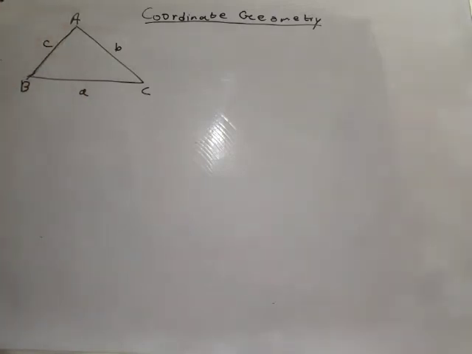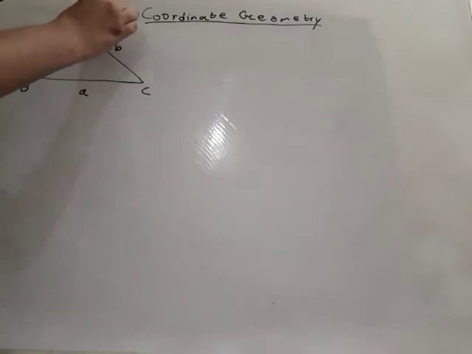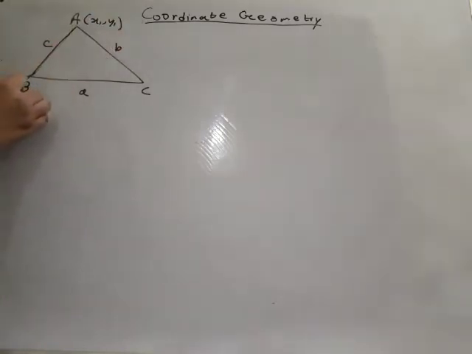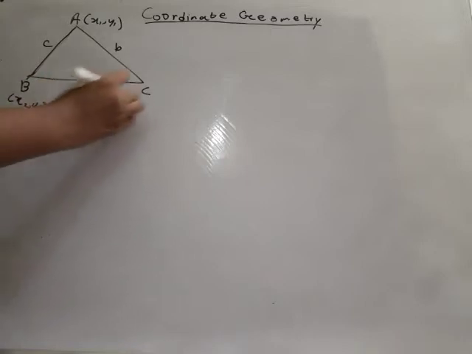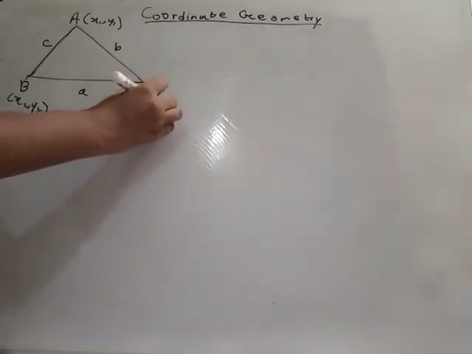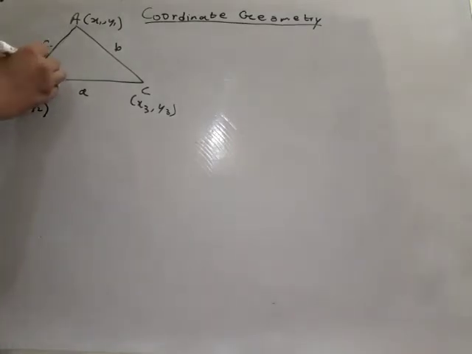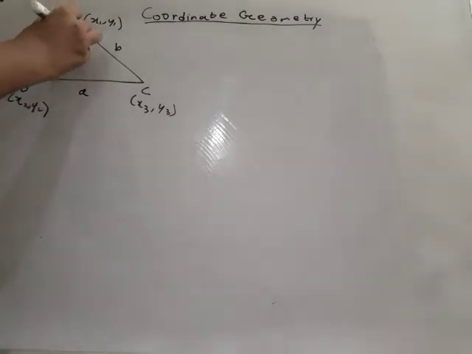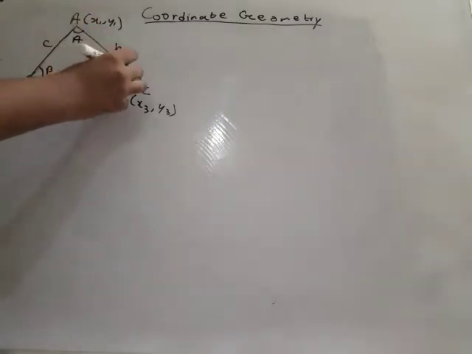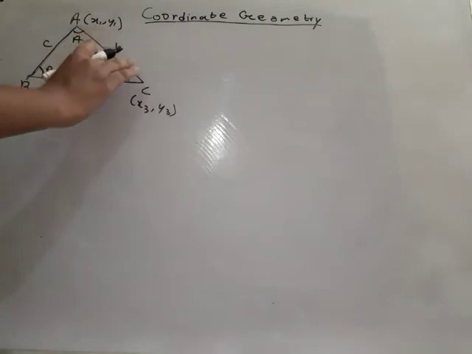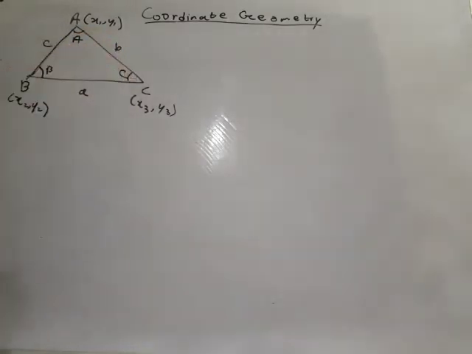Okay, and coordinates x1, y1, x2, y2, and x3, y3. Let this angle be angle B, this be angle A, and this be angle C.